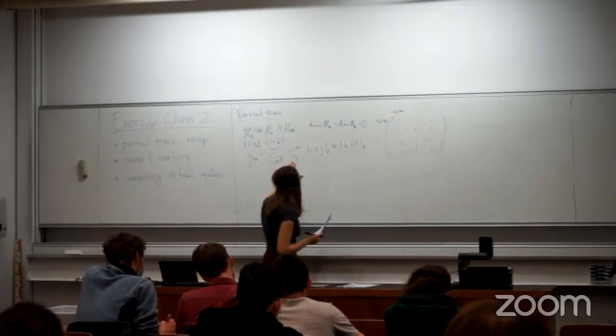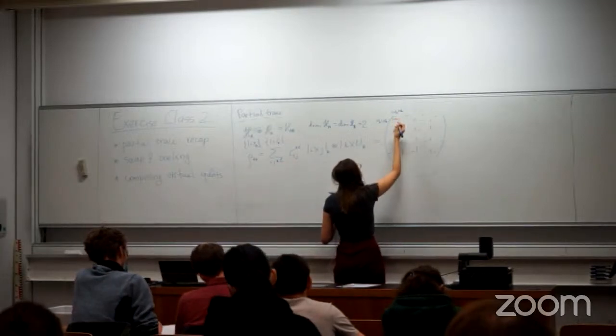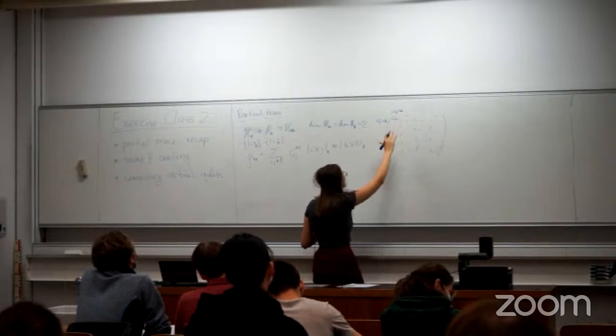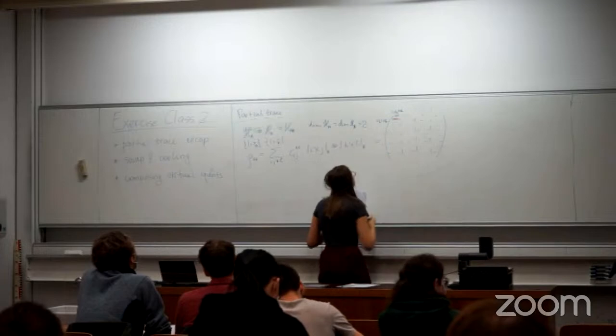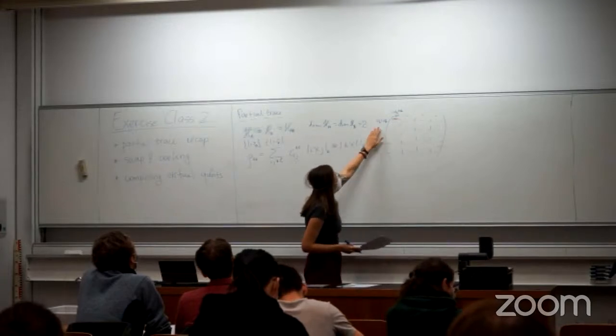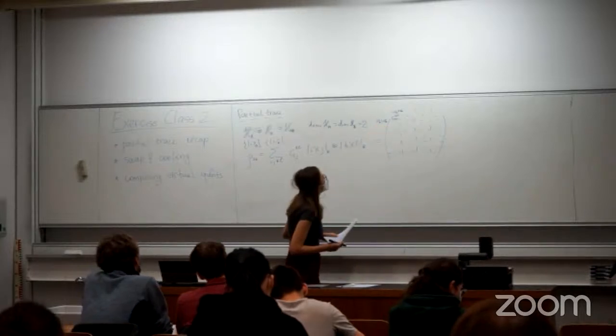According to this labeling, this will be C_00. The lower index corresponds to the state on the system A, and the upper index corresponds to the state on the system B. So here we have 0, 0, 0, 0.